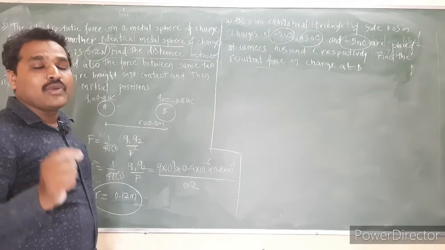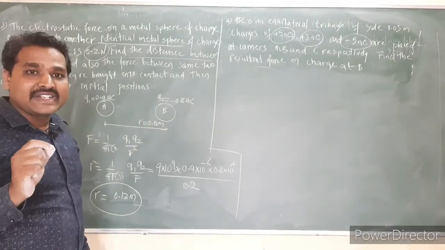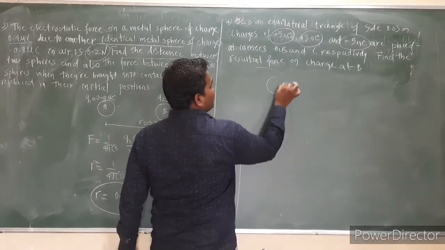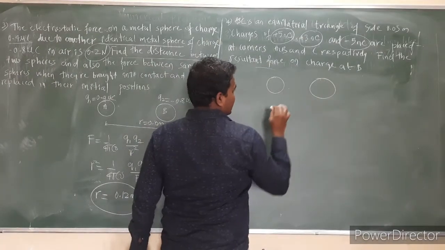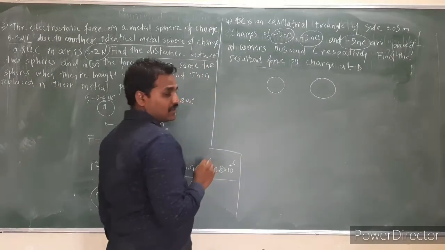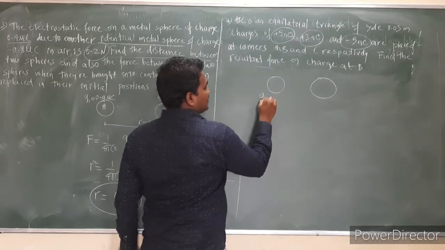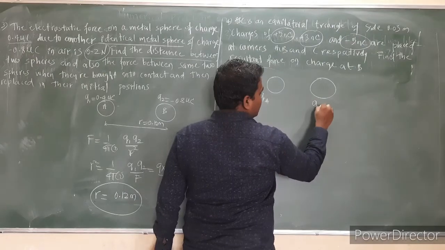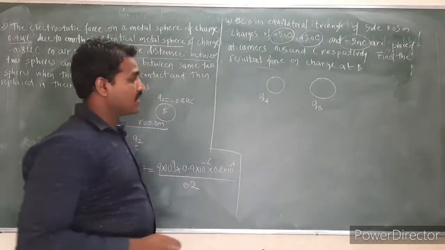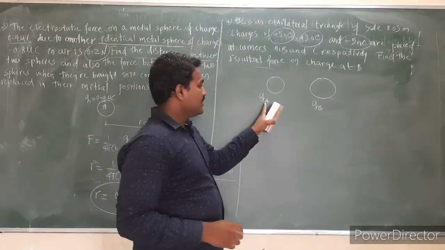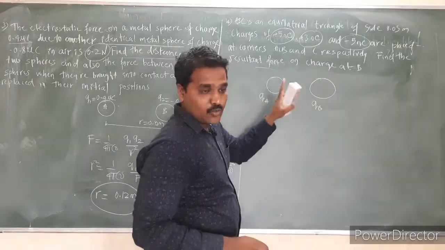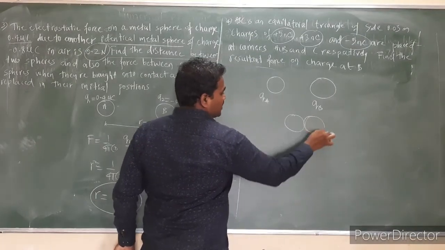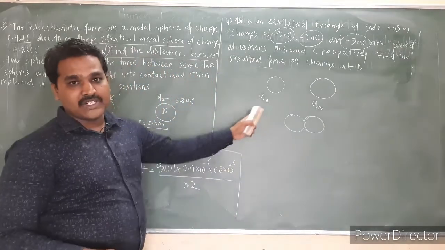So what happens whenever these metal spheres are brought into contact? Here we have to consider the concept of redistribution of charges. When the two identical metal spheres are away from each other, let the charge on the first sphere be QA and on the second sphere be QB. When brought into contact, there will be transfer of charge from one object to another.